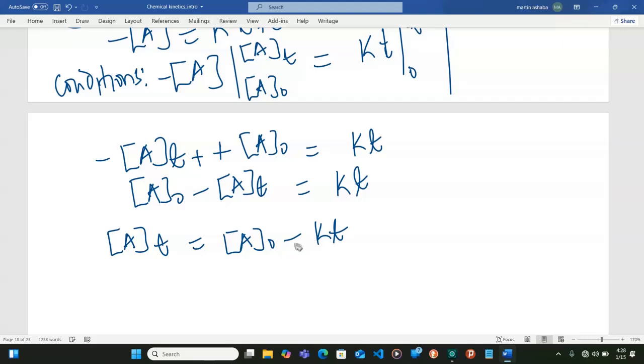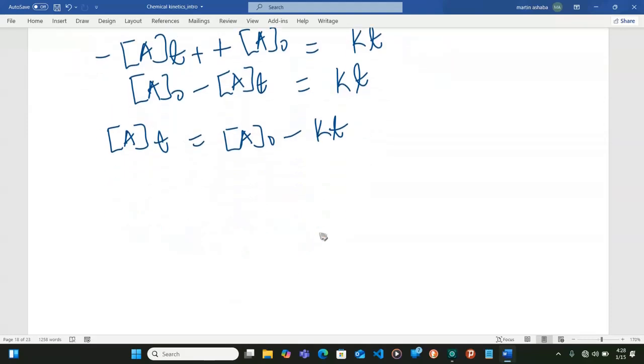So this is for zero order reaction, and this is obviously going to give you a graph that is like this. It is going to be starting from the concentration at t is equal to 0, and it's going to be going down with a gradient, and I mean a negative gradient. So that is going to be that.